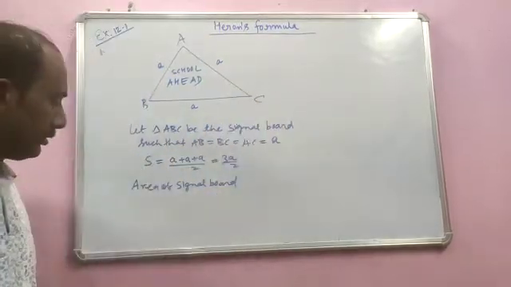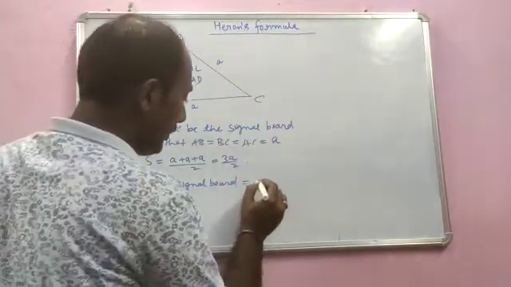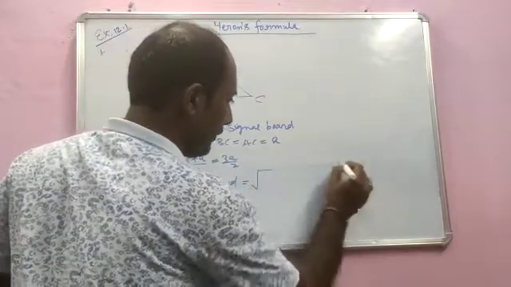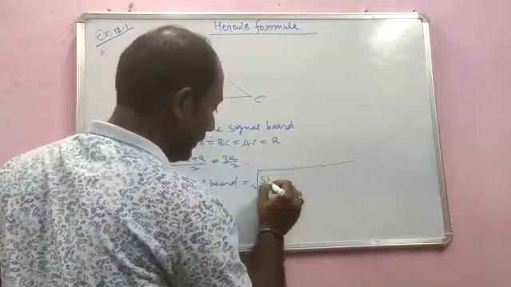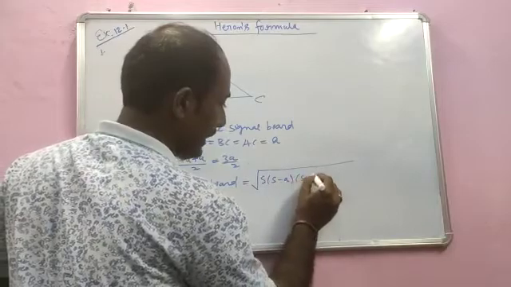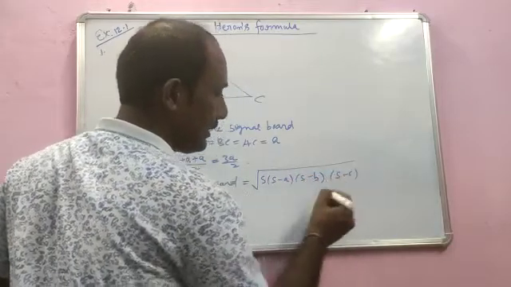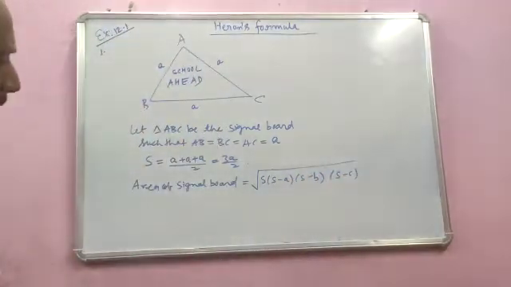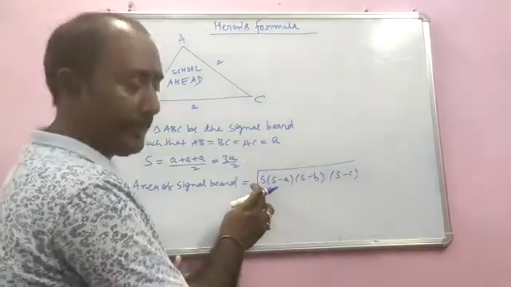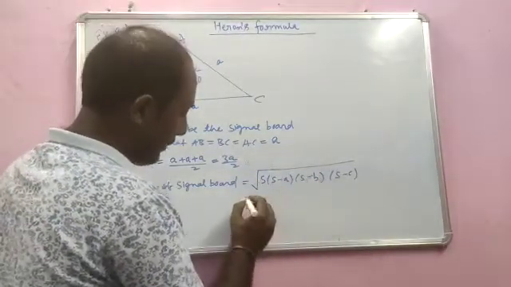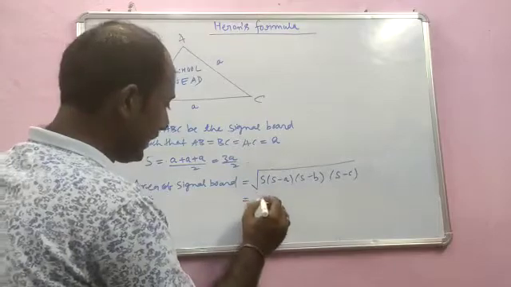There is no issue. So area of signal board is equal to the square root of S into (S minus a) into (S minus b) into (S minus c). This is the formula, where S stands for the semi-perimeter and a, b, c are the lengths of its sides. So what is S here?